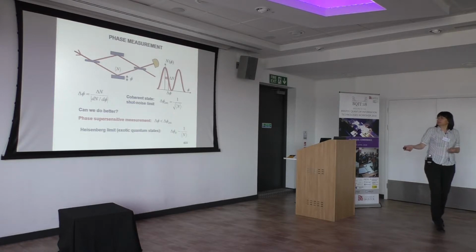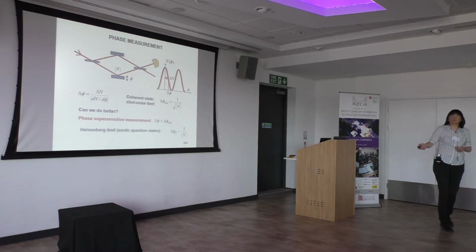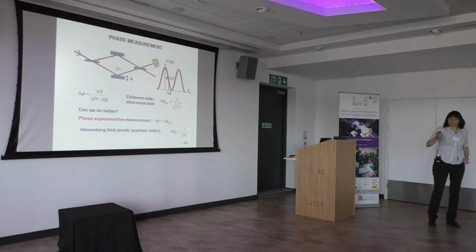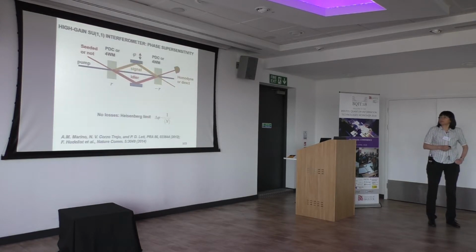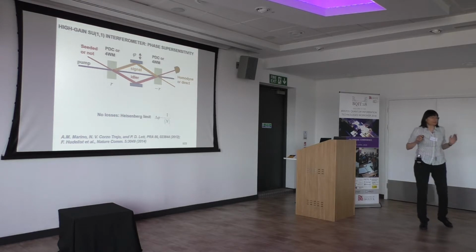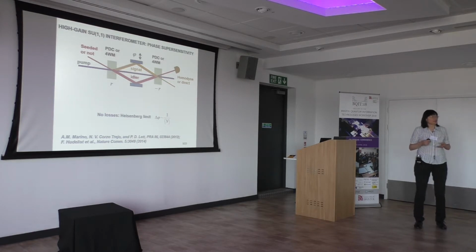It's not exact, but the best phase sensitivity scales as 1 over the mean photon number in the interferometer, and of course it's smaller, it's better. It's known that this limit can be achieved with some very exotic states, like NOON states, but these states are difficult to work with. They suffer from loss a lot.